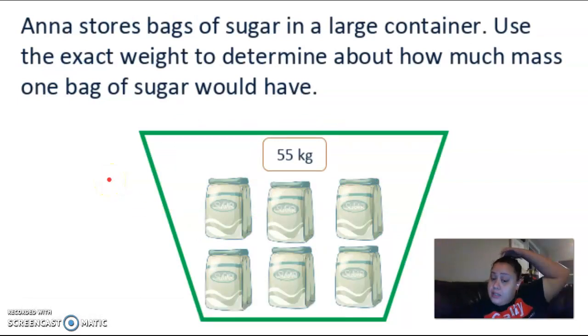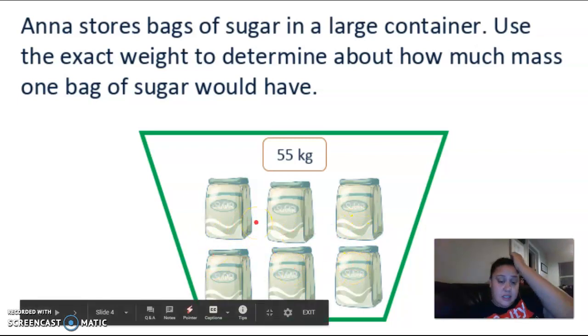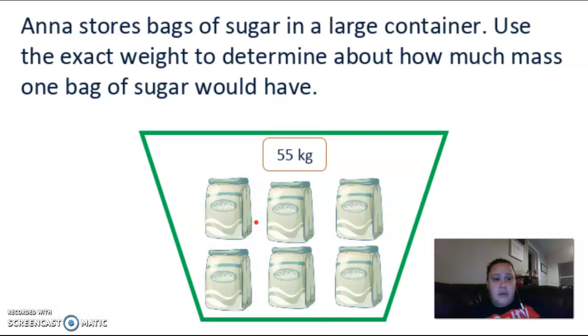What they want to know is how much each bag of sugar has. So if we know that the whole thing equals 55, then we would have to divide it equally into 6 bags of sugar.